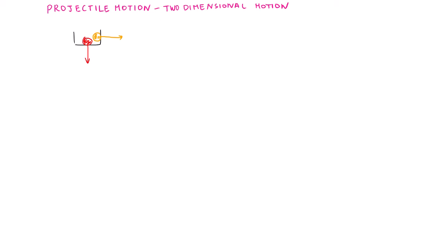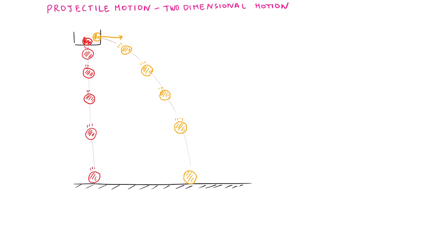The red ball will just go down, we already know it's a simple free fall. And the yellow one will go down in a parabolic path. The vertical motions of the two balls are identical and they hit the floor simultaneously.